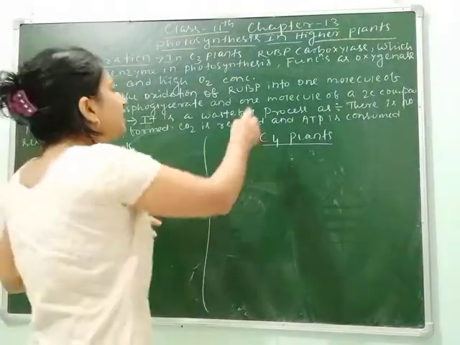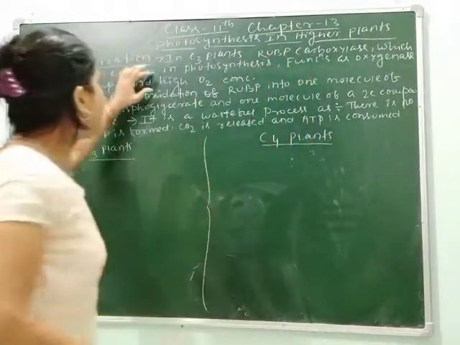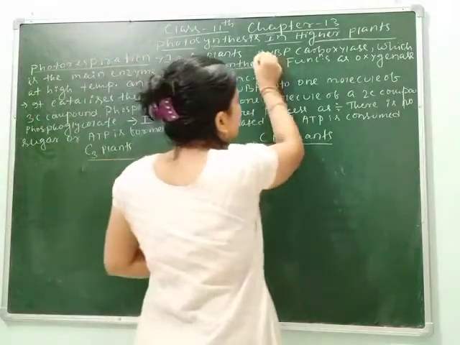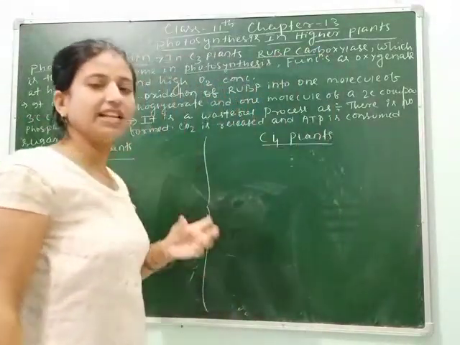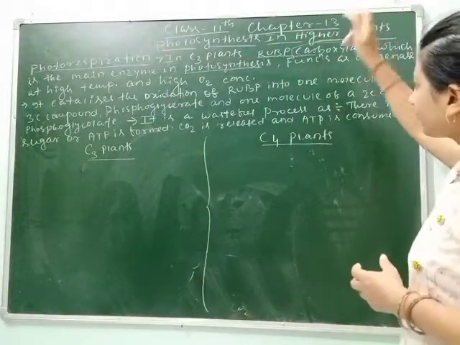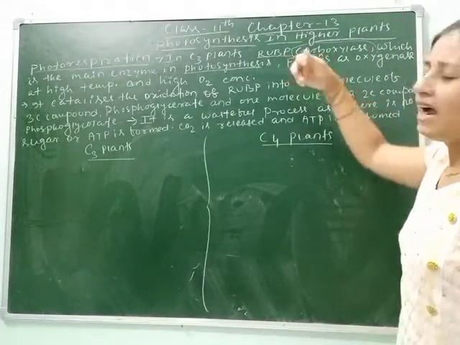It is the main enzyme in photosynthesis and plays an important role. Carboxylase means this enzyme helps in the addition of carbon dioxide.